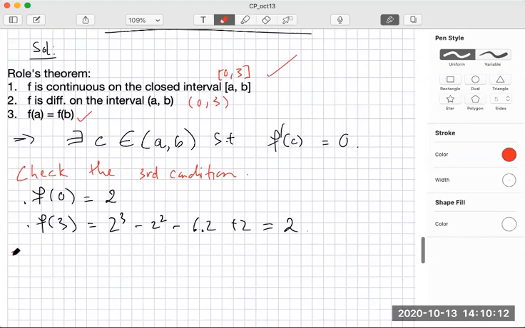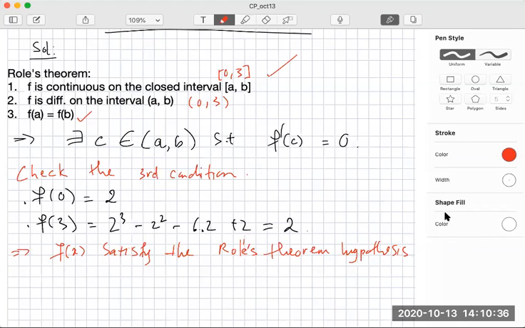So we conclude that f satisfies the Rolle's theorem hypothesis.